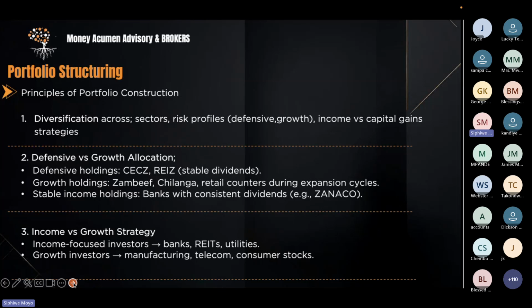Okay. When we look at defensive versus growth allocation, which is another principle of portfolio construction, you're looking at striking a balance between defensive counters and growth allocations. So defensive positions, really, these include utility companies, energy companies, real estate.